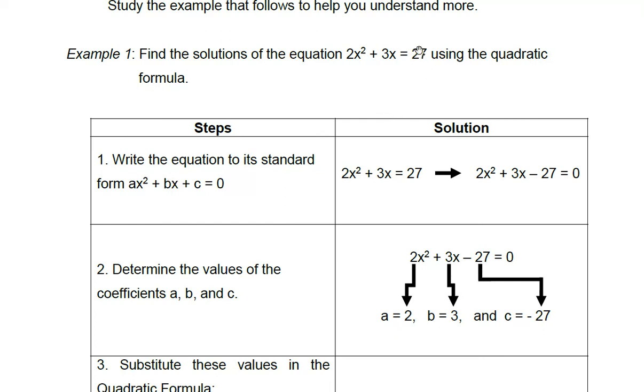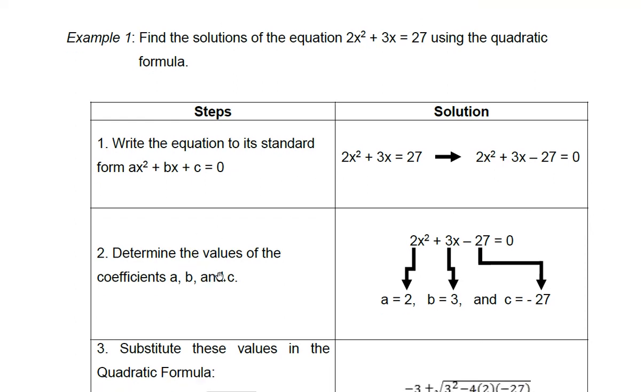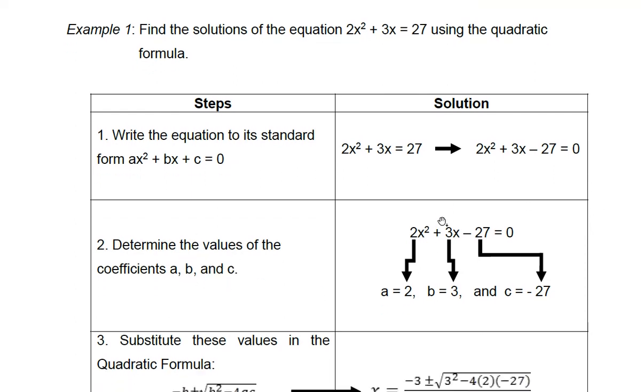We have 27 on the other side, so we need to transpose it. It goes from positive to negative, then equal to 0. So this is in standard form. After you get the standard form, identify the values of a, b, c. So this is our a, this is our b, and this is our c.